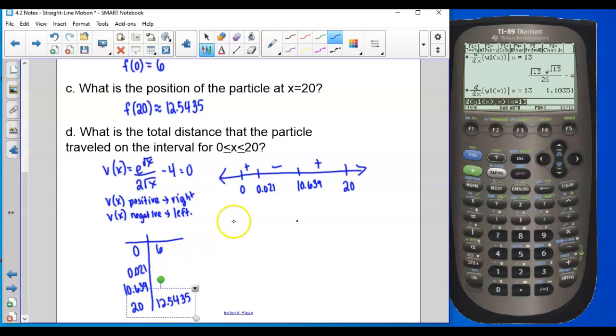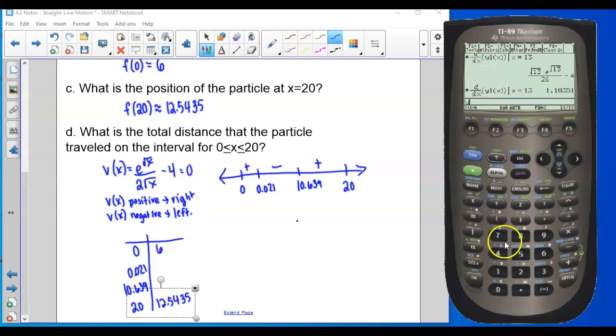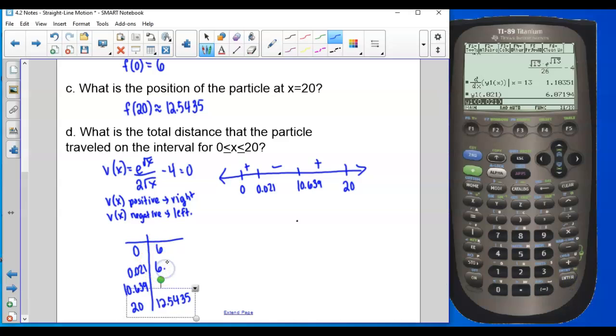And so if I do that, because I've got it in y equals, it's so helpful to have it in y equals, I can just do y1 of 0.021, and I'm going to get 6.07194. And so the particle went to the right just a teeny tiny bit right here.